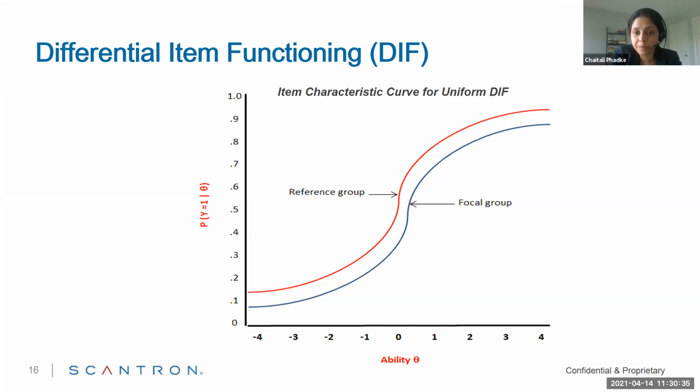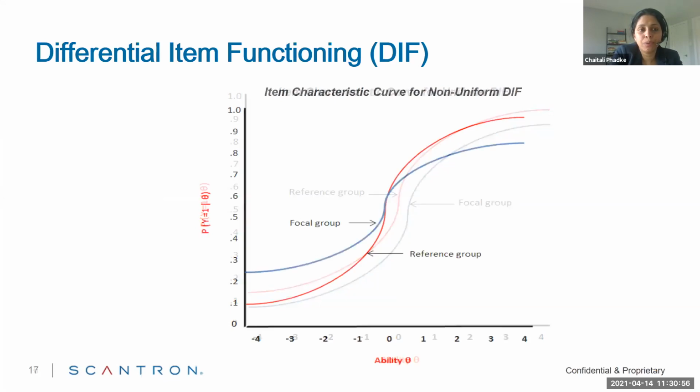We are still looking at ability 0, for example, and in that case, the red curve performs better than the blue curve. So that is an indication that different subgroups are responding differently to an item even when they have the same ability. On the next slide is an example of a non-uniform DIF.